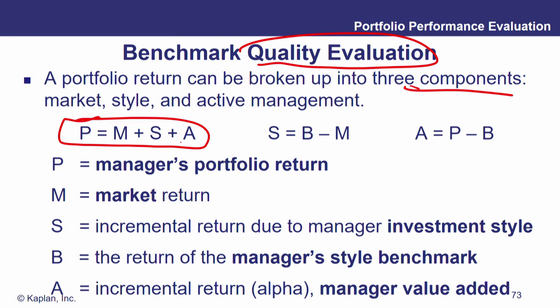Okay, we can also, in contrast, take a look at the investment style, and we can calculate that from the manager style benchmark minus the overall market return. And then again, what are we doing? We're generally hunting for alpha. So what is alpha? That's going to be the manager's portfolio return minus the manager style benchmark.